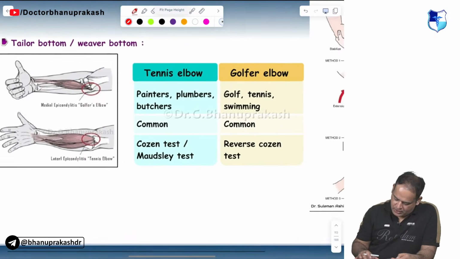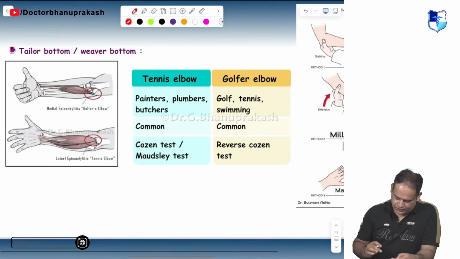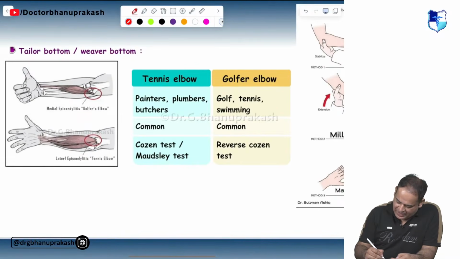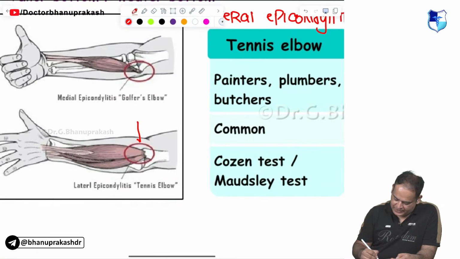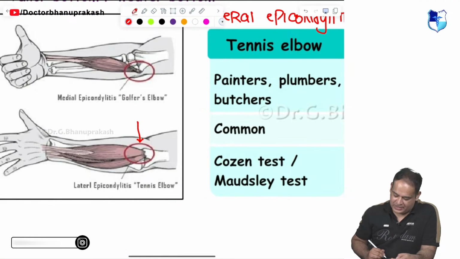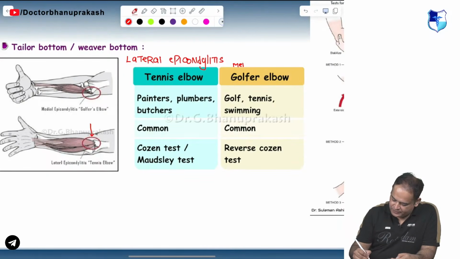Now, tennis elbow. So you see, tennis elbow is lateral epicondylitis here, where the extensor muscles are attached. Golfer elbow is medial epicondylitis.